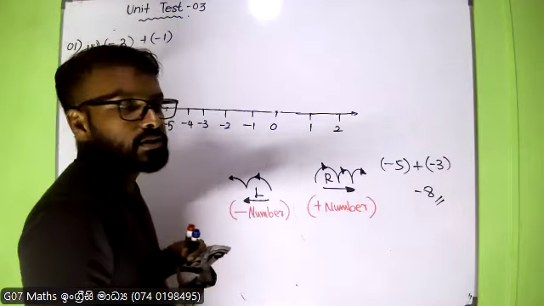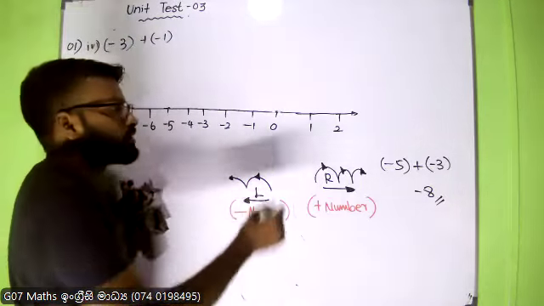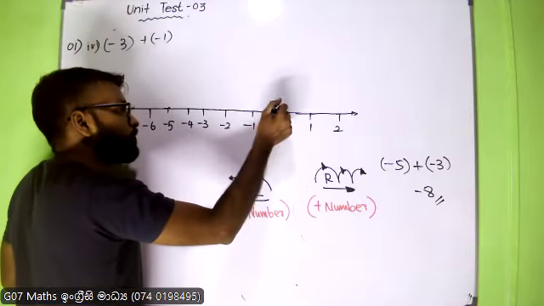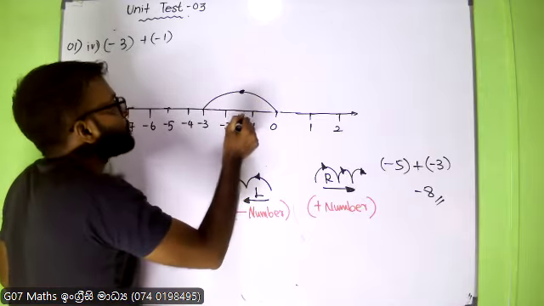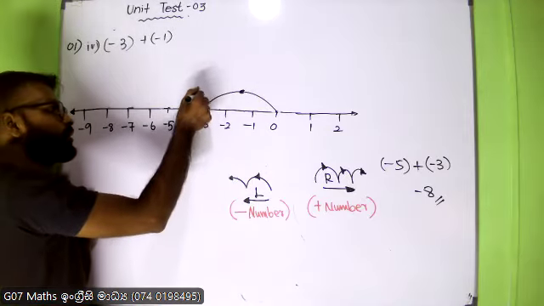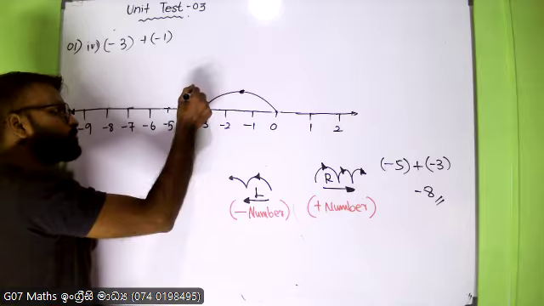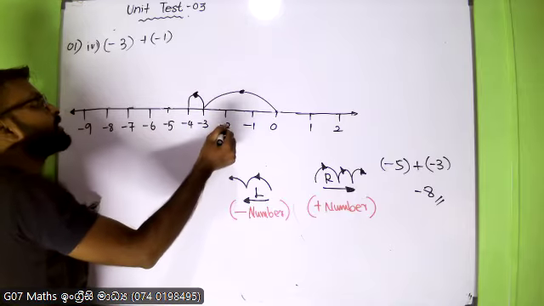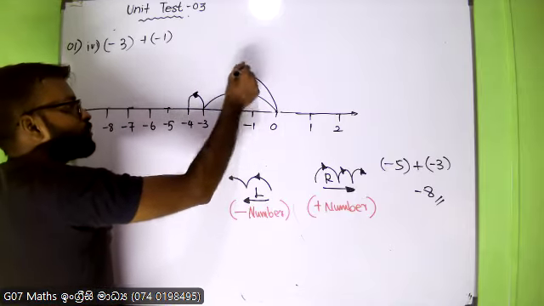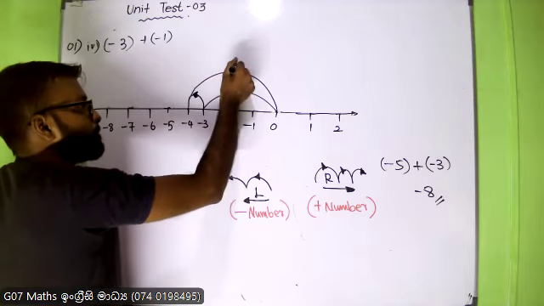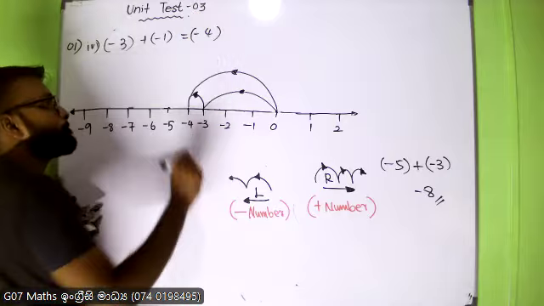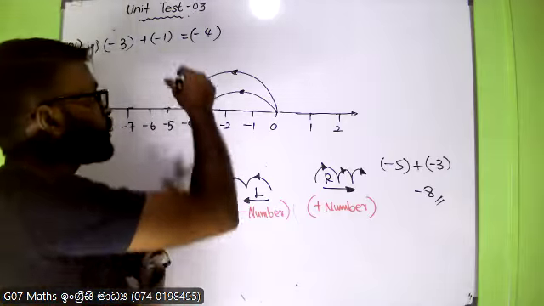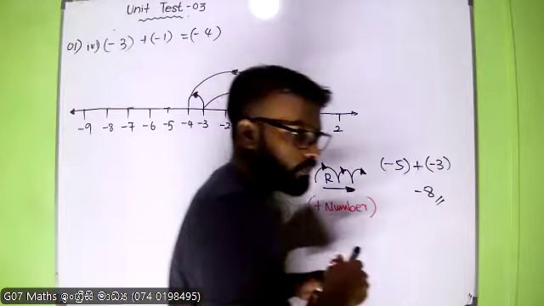So how do we do this? -3. Right? From 0 to -3. Here. Then again 1 unit. So altogether your answer should be -4. Right? So your answer would be -4.